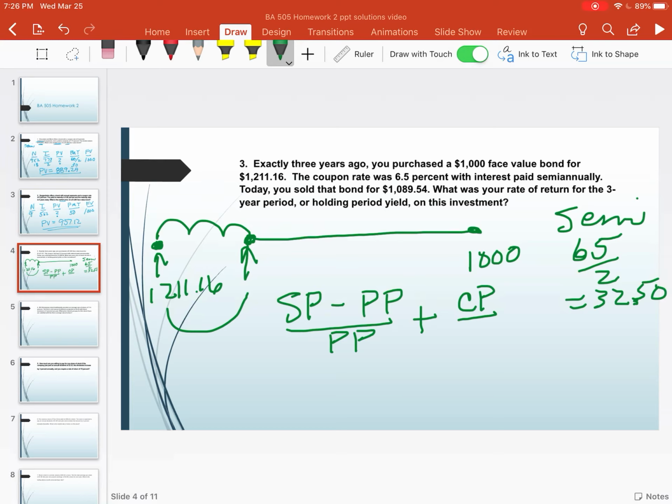So whenever we actually are looking for that scenario, it looks like we sold it for $1,089.54.